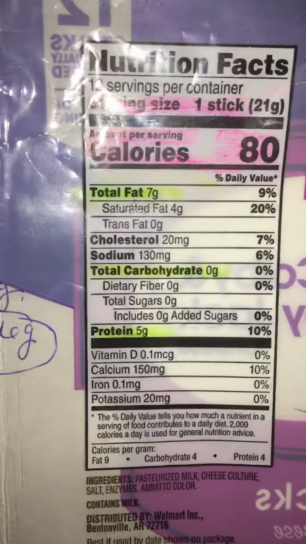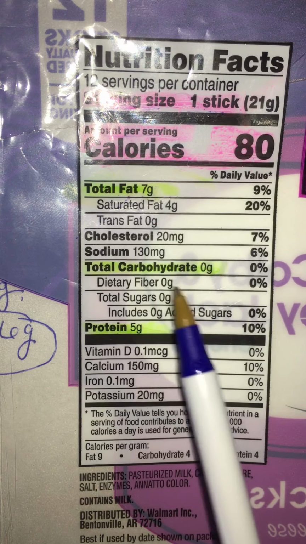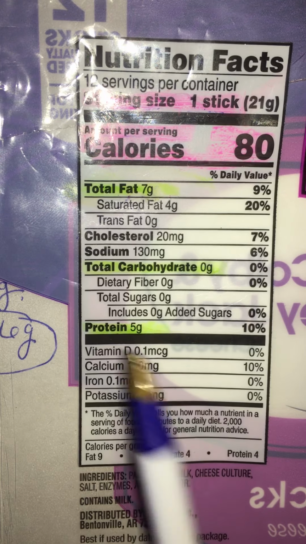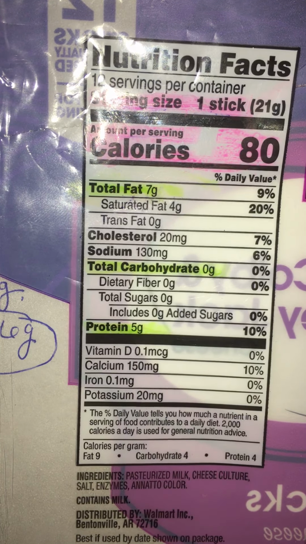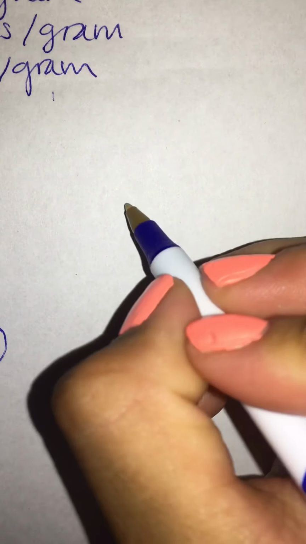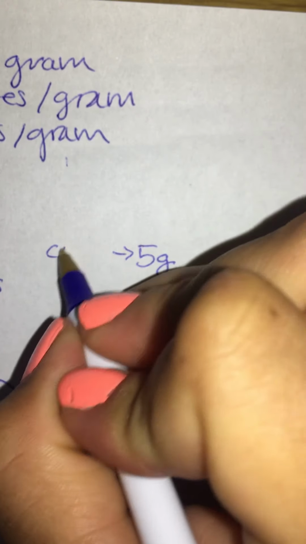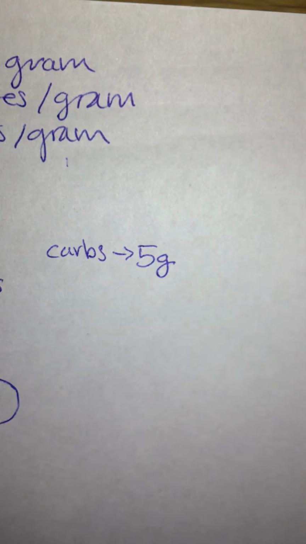Now looking back at this, we have 0 grams of carbohydrates, so we're not going to worry about that, but protein, we get 5 grams for 1 serving. Sorry, this is for protein now.